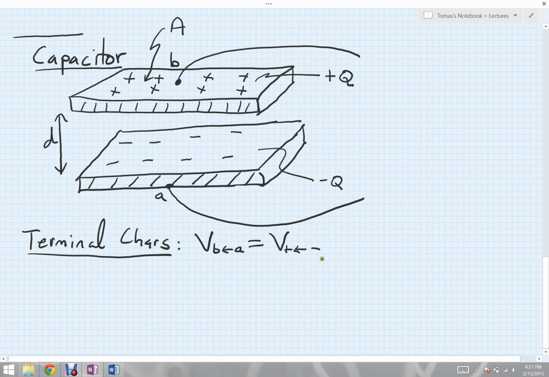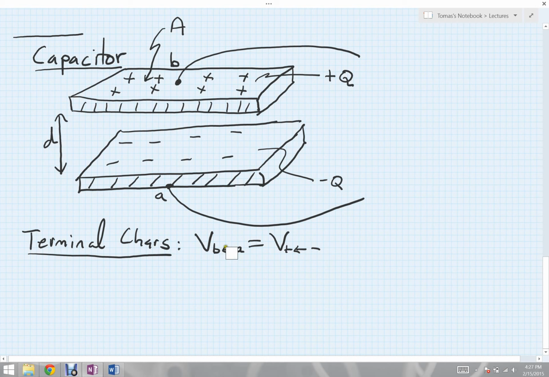This comports with our other considerations: for a battery, we look at the minus terminal going to the plus terminal as the EMF, and how we track the upstream and downstream sides on a resistor. This will help us keep our signs straight when we begin to do circuit analysis.